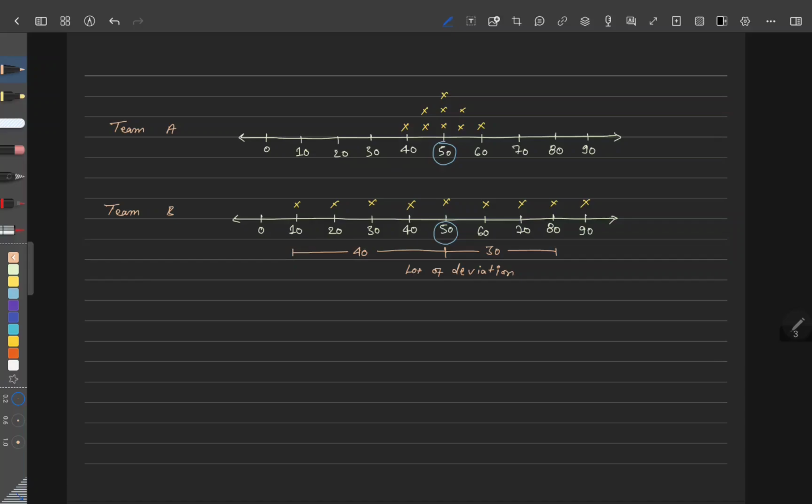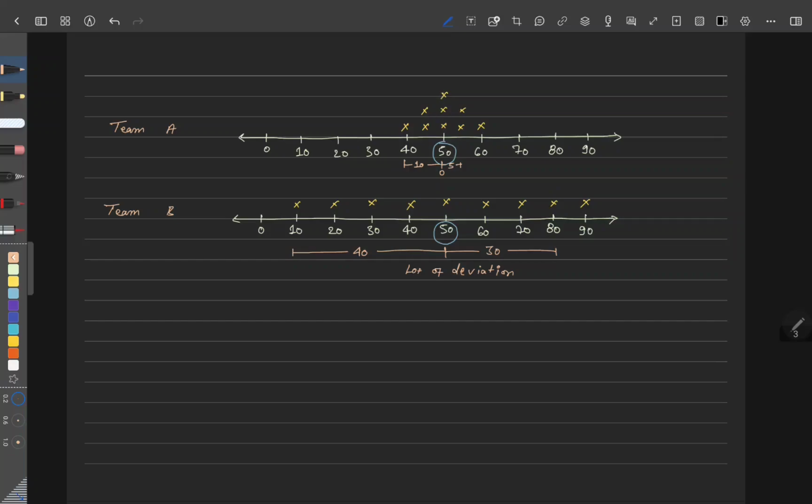A lot of deviation. And on the other hand, if you see the data for team A or the line plot of team A, the deviation is very small, and the maximum deviation that you can see is 10, which is far less than what you see in team B's plot. And the minimum deviation that you can see is 0, right?